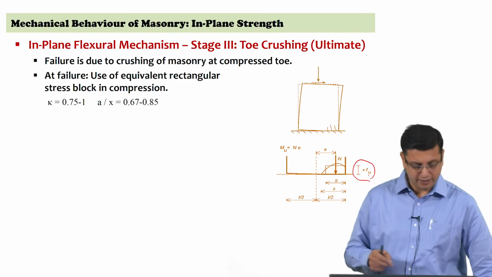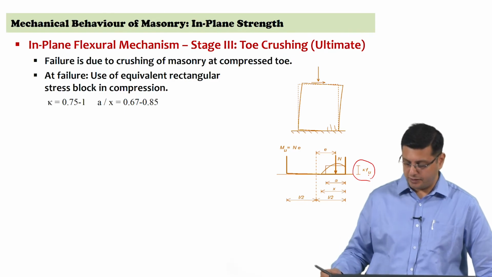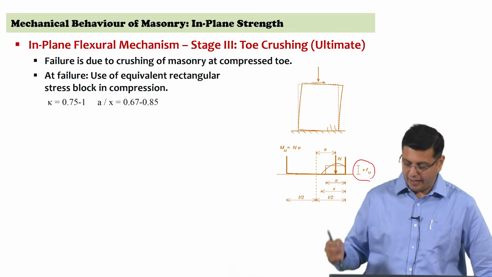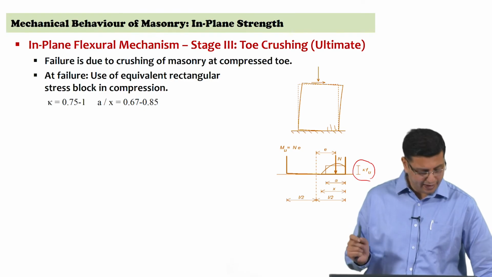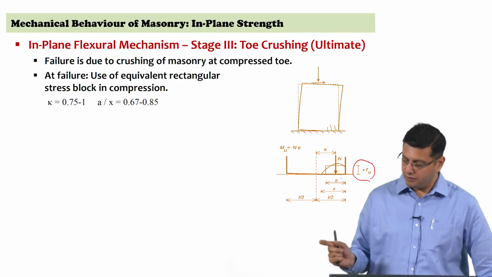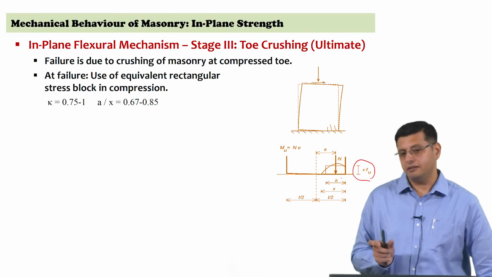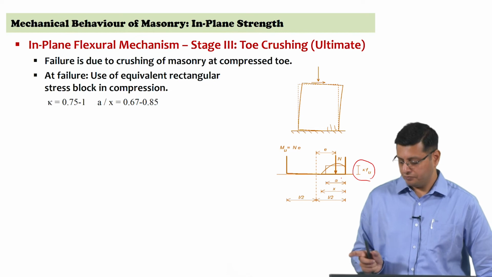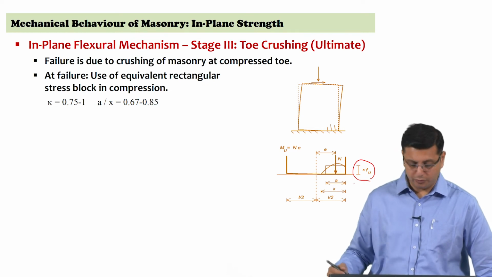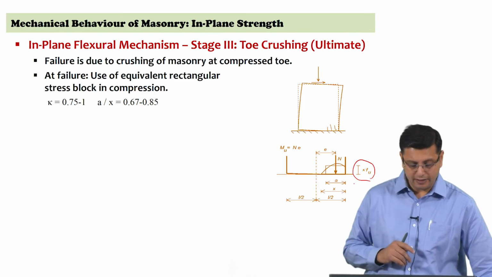So, in this case a value between 0.75 and 1 can be assumed depending on the type of masonry you are looking at, as the height of the stress block and the dimensions of the stress block, the width, the length of the stress block itself, A being the side dimension of the rectangle divided by x, which is the parabolic distribution, length of the parabolic distribution, A by x varying between 0.67 and 0.85 is a good estimate.